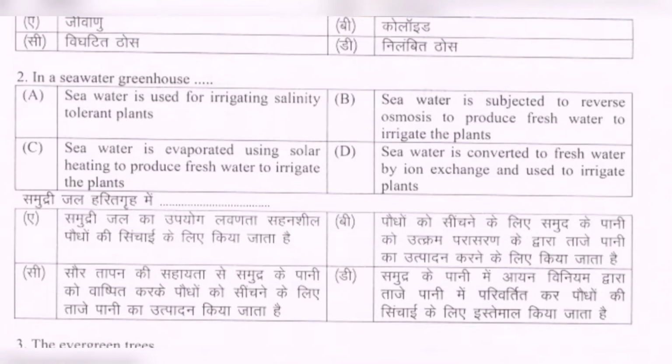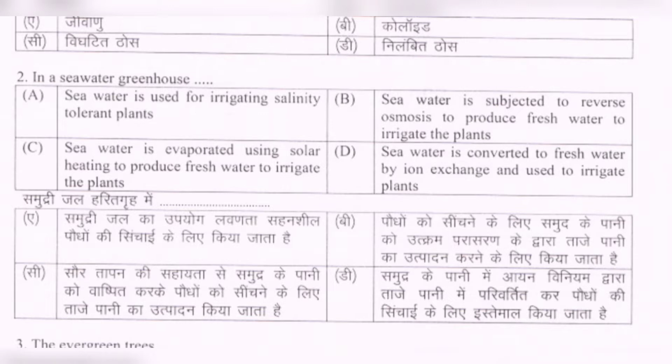In a seawater greenhouse, options are seawater is used for irrigating salinity tolerant plants. Seawater is subjected to reverse osmosis to produce fresh water to irrigate the plants. Seawater is evaporated using solar heating to produce fresh water to irrigate the plants.